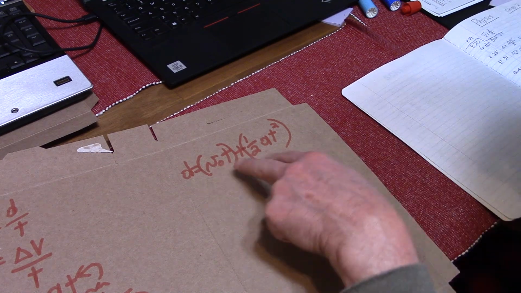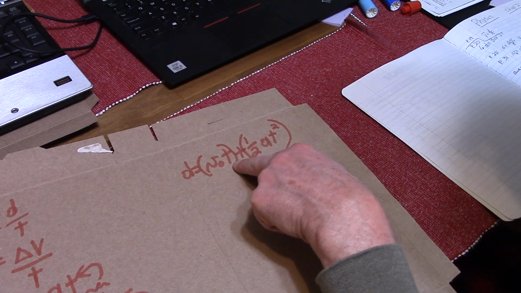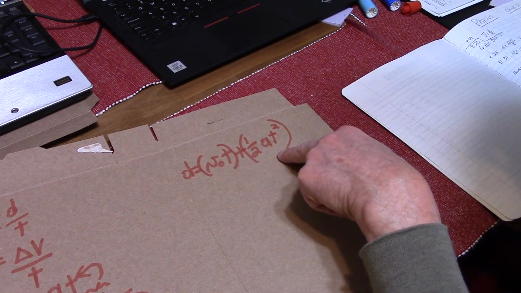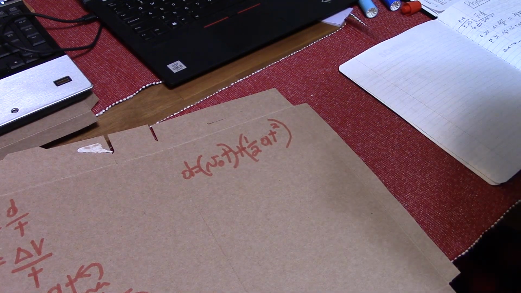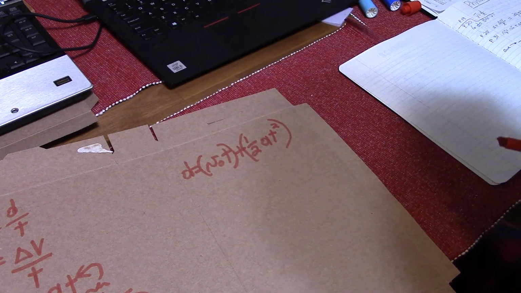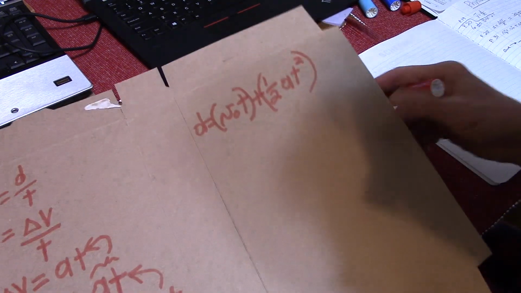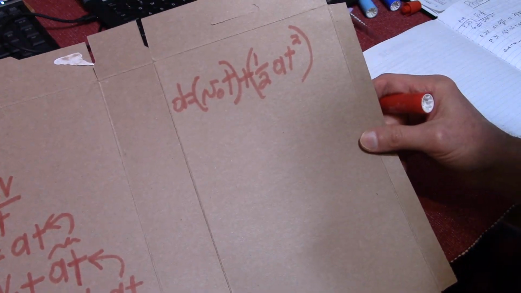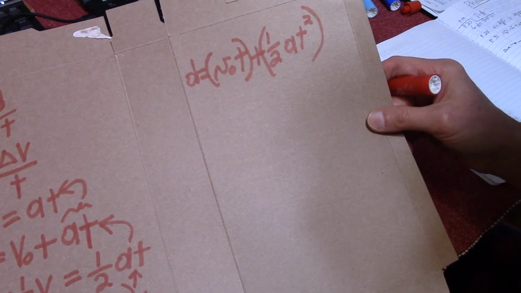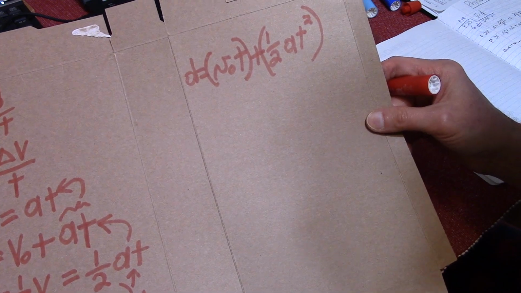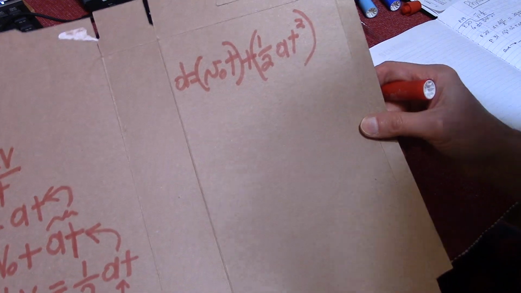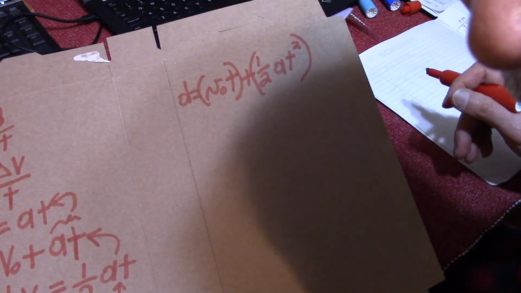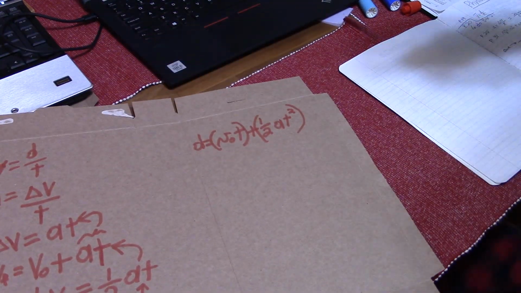Just add those two pieces, because that's a distance, velocity times time, and a distance plus another distance gives you a total distance. Okay, so those are all the equations that you need for this chapter, and they all just build on each other. You're just substituting all the values that it can be into different equations, and it helps you depending on what parameters you already know. Okay, there you go.